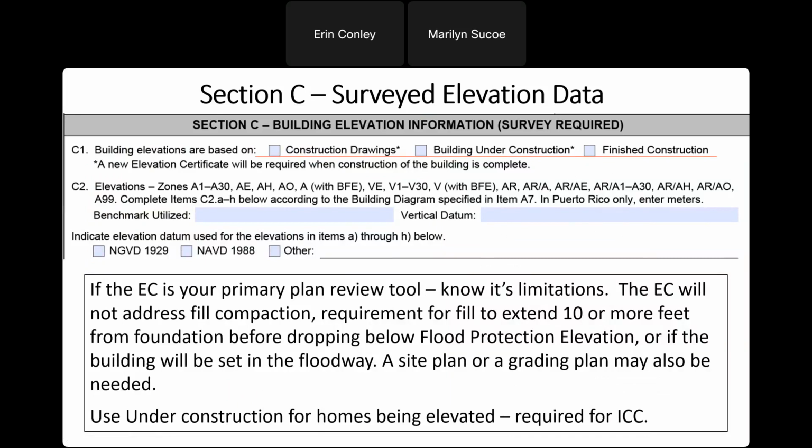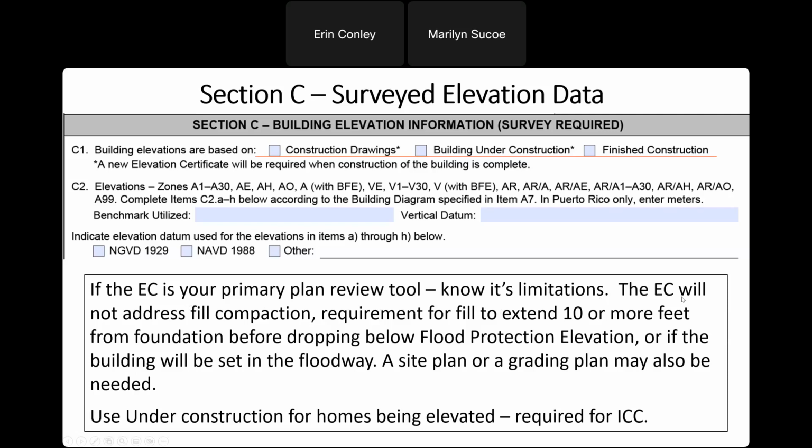All right, so top of section C, this is where you choose, or the surveyor chooses, is this based on construction drawings, building under construction, or finished construction? So if the EC is your primary plan review tool, know its limitations.